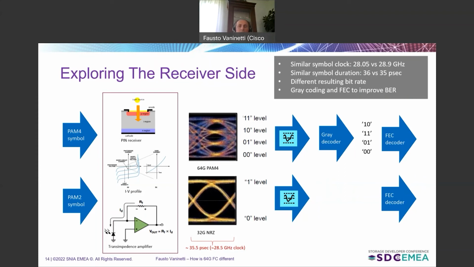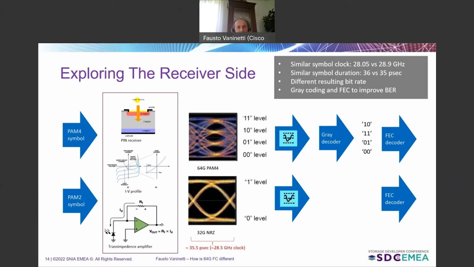Then we go to the decision threshold. At 32 gig, we need to decide if the received symbol is a 0 or a 1. At 64 gig, we need to decide if the received symbol is a 0, a 1, a 2, or a 3. Now, for 32 gig, after the decision threshold, we go directly to the FEC decoder.